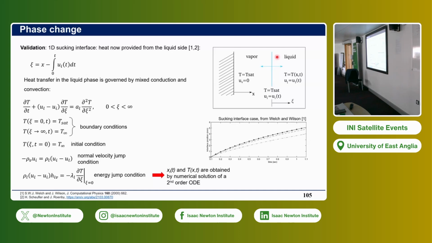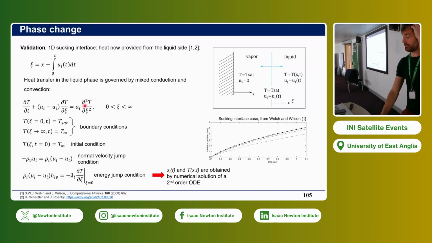There is no boundary layer being generated in that case. So a coarse mesh is enough for problem 1. For problem 2, what we call the sucking interface, you need a fine enough mesh to capture this boundary layer. I am not 100% certain that this problem has an analytical solution.